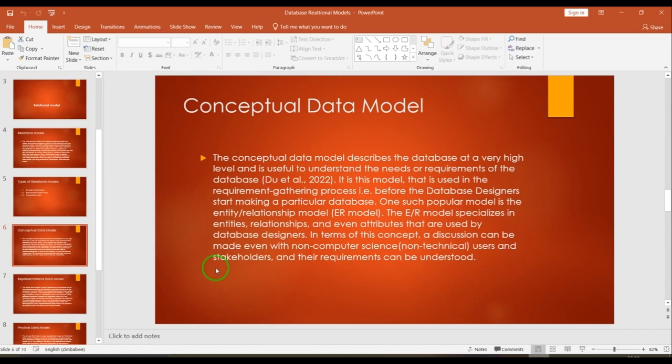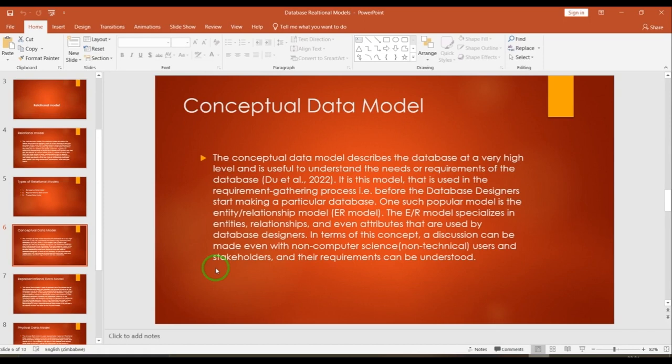Then the conceptual data model. What does that describe? The conceptual data model describes the database at a very high level and is useful to understand the needs or requirements of the database. It is this model that is used in the requirement gathering process, that is, before the database designers start making a particular database.